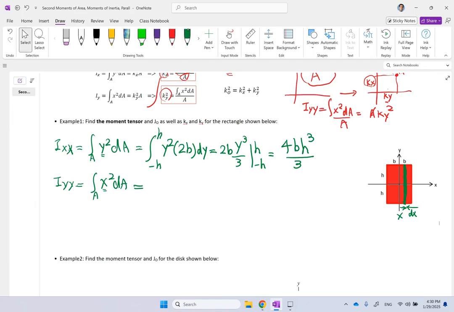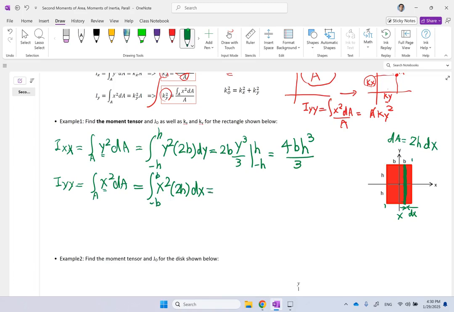So in this case, this element, the area of it is what? Is the height of it, which is 2h, times the thickness of it, which is dx. So this is going to be the integral of x squared and then 2h times dx. And for this to sweep the entire surface, it goes from negative b to positive b.